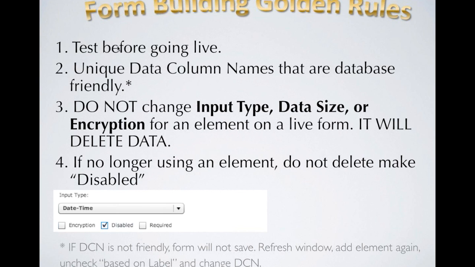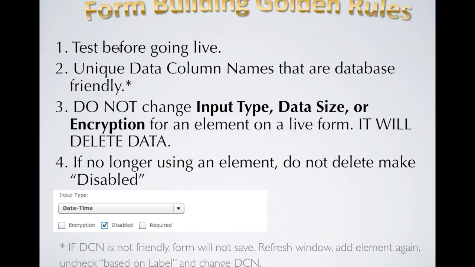When that happens, you're going to uncheck a box in the form builder that says based on label. You'll uncheck that box and change the data column name so that it is database friendly. And if you have questions about this, I am going to jump into that in just a moment. So I'm happy to answer those questions as well as go through that in a moment.